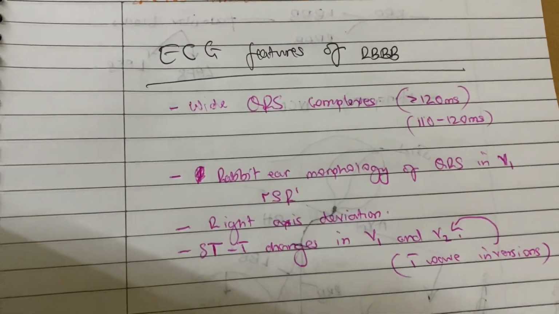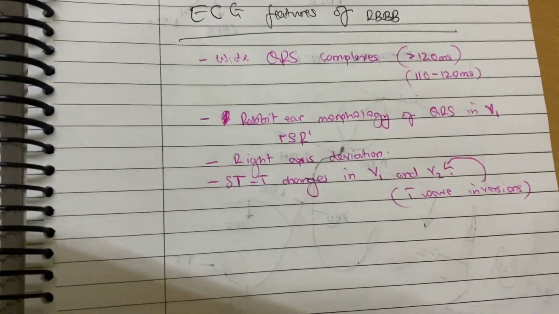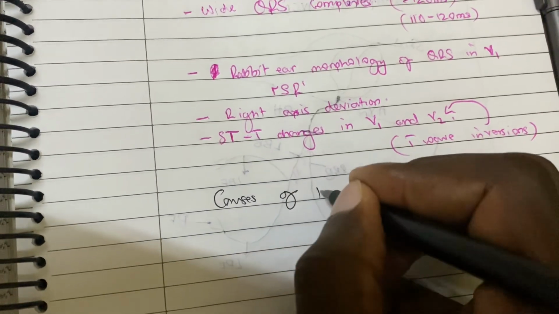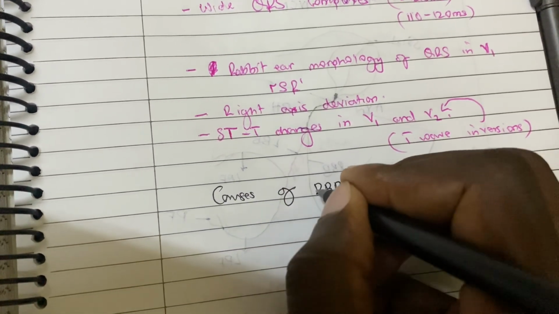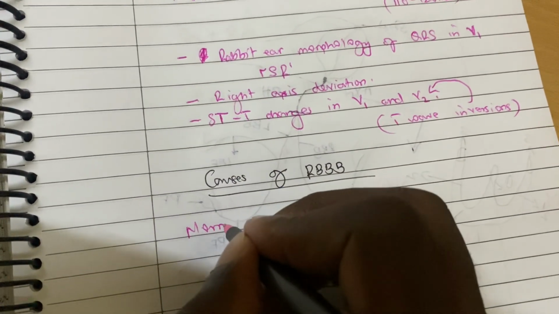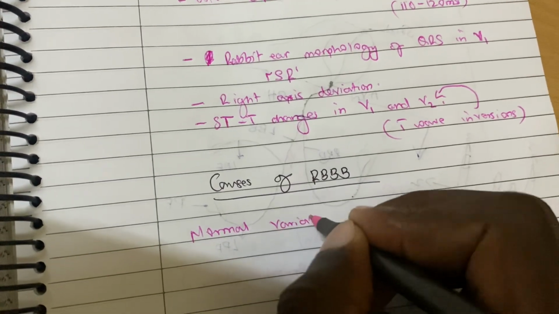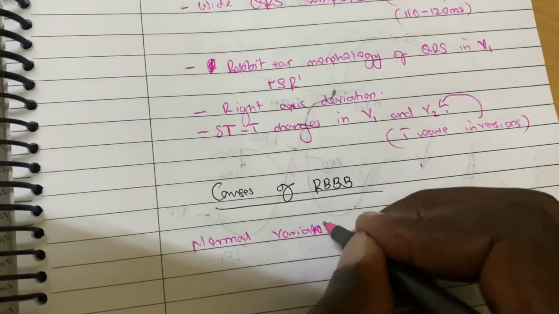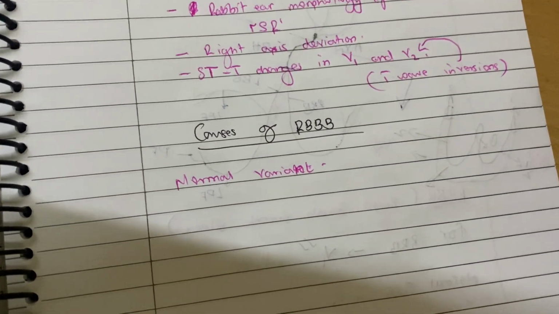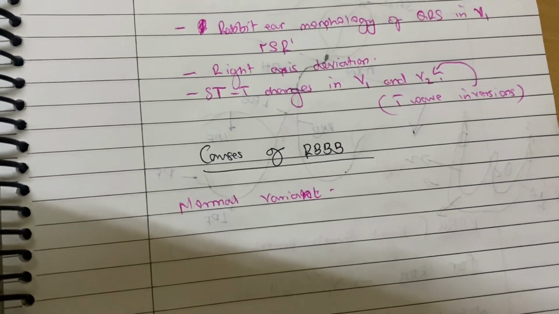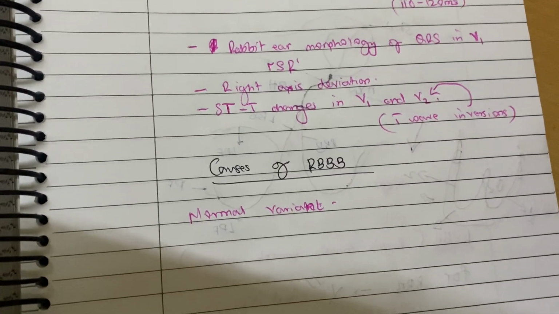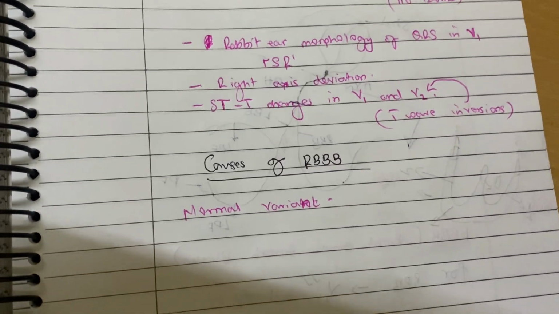Yes, that one. So causes of right bundle branch block. Causes can be a normal variant. Some people can have RSR prime in V1, not because they have right bundle branch block, but it is normal. Nothing wrong with it. So right bundle branch block is not always pathologic.